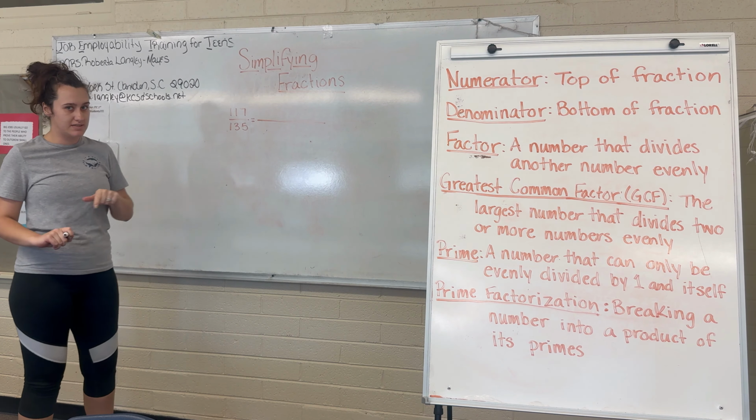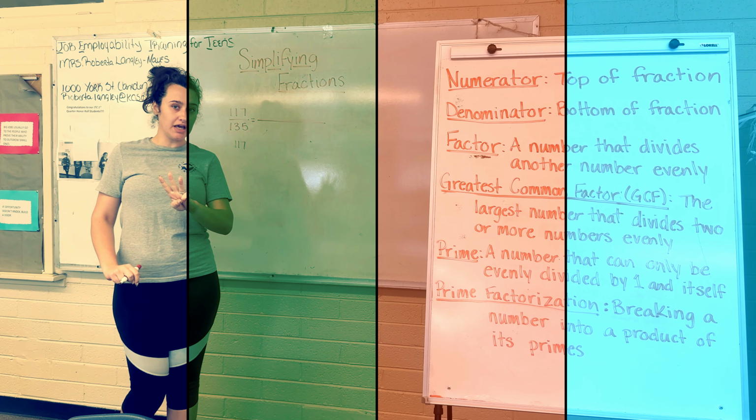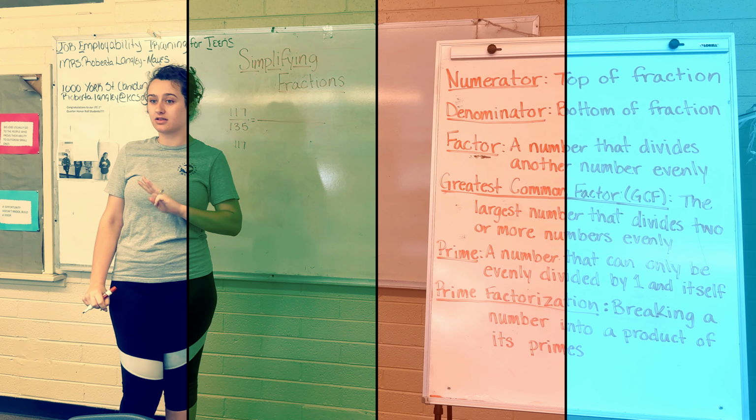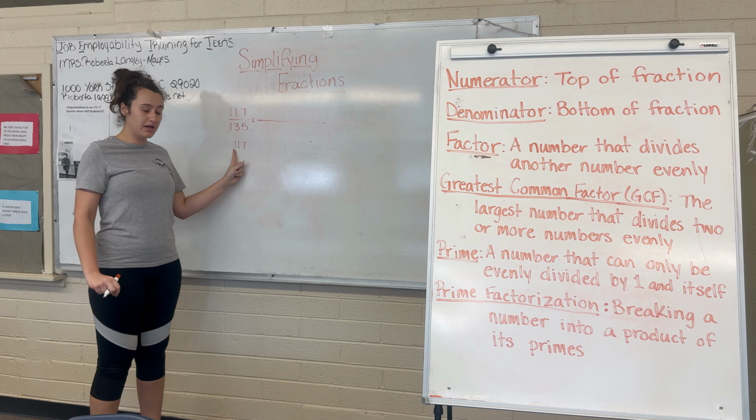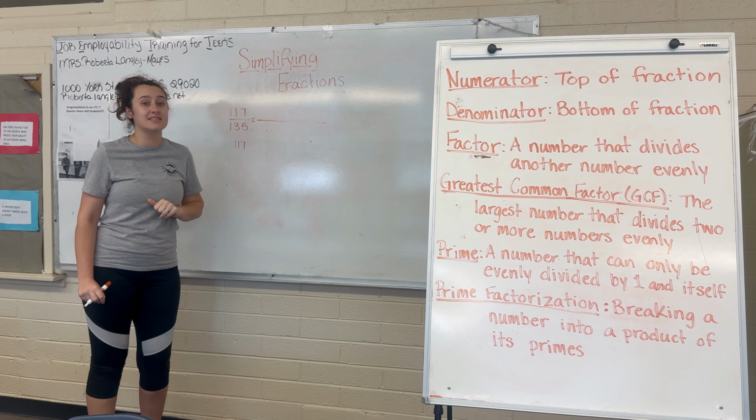Now some of us who know their prime numbers pretty well can remember that 17 is a prime number, but 117 is not. A tip to keep in mind: if we add all of our digits and we get a number that is a multiple of 3 or can be factored by 3, then your original number can be factored by 3. So for example, 1 plus 1 is 2, plus 7 is 9.